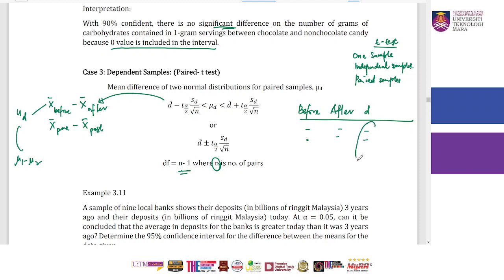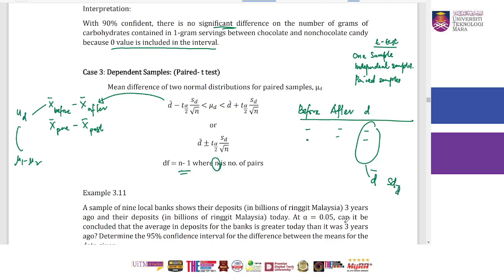So, daripada sini, you boleh dapatkan dia punya average D bar. Okay, D bar ni adalah dia punya average. So, you kira difference dahulu and then baru kira dia punya average. So, daripada average ni, daripada sini juga, you boleh dapatkan dia punya standard deviation of D bar. Okay, macam mana nak kira ni?